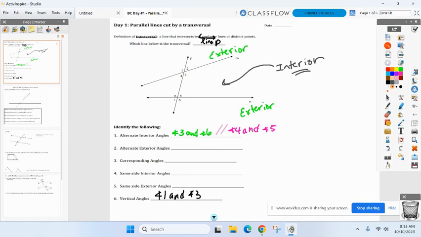All right, number 2, what about alternate exterior now? You think you can give me a pair of 2 angles that you would consider alternate, opposite sides of the transversal, exterior, outside my lines here?